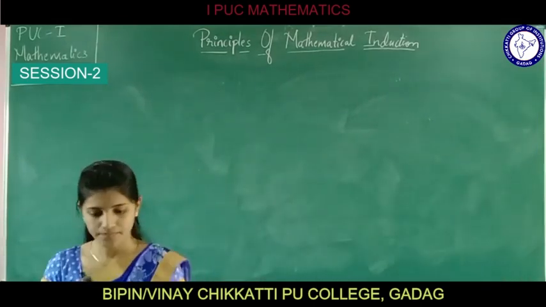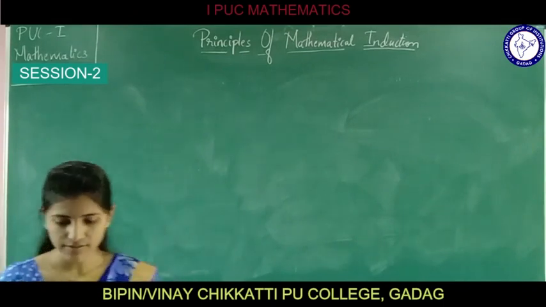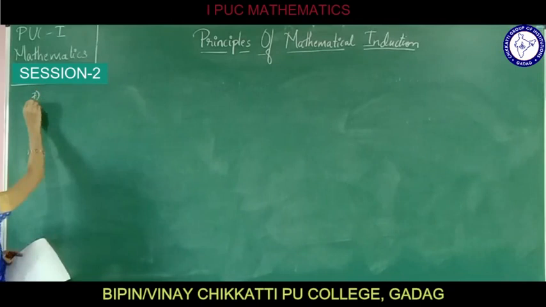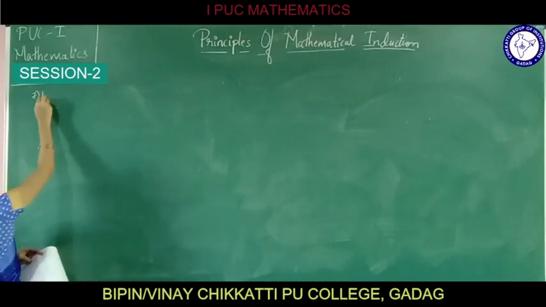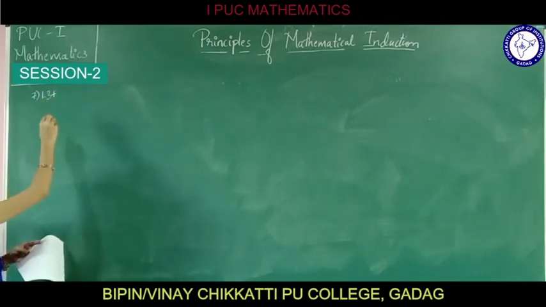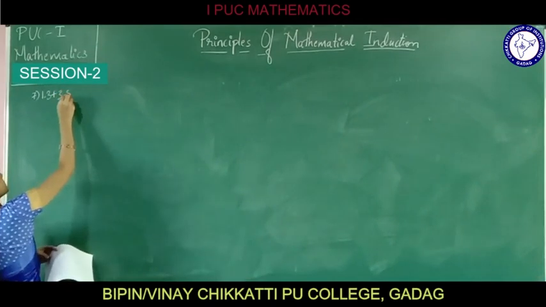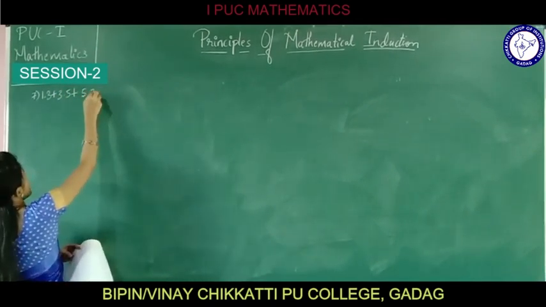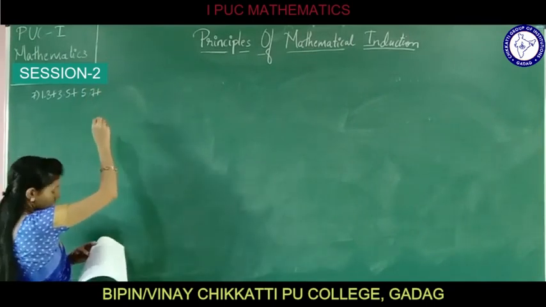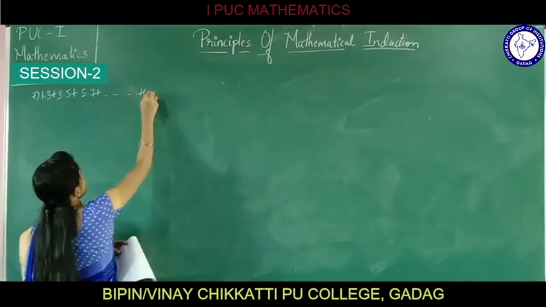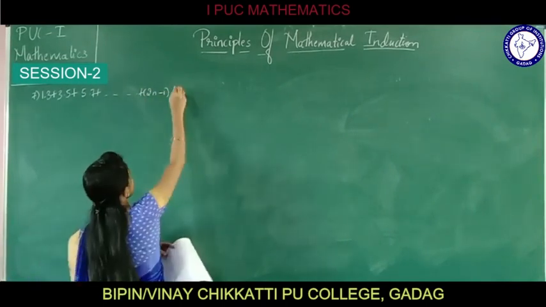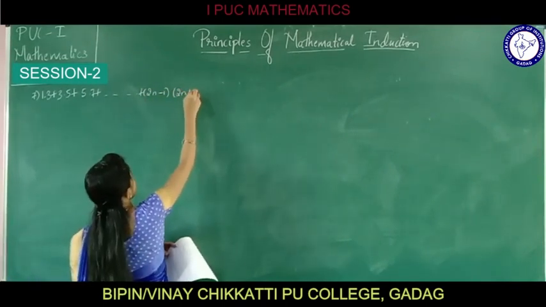Next problem, that is the 7th one, we have 1 into 3 plus 3 into 5 plus 5 into 7 plus so on up to 2n minus 1 into 2n plus 1.